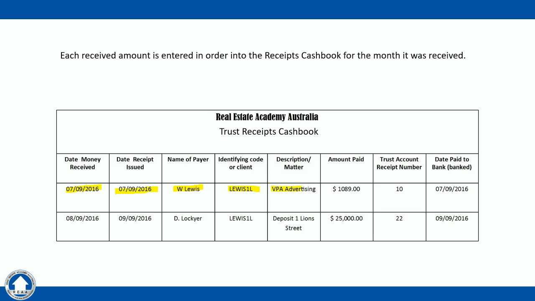So what was the payment for? So in this case, we've got VPA advertising, so vendor paid advertising for an amount of $1,089. Receipt number we used was 10, and we banked it on the same day. So we would do that for every single transaction that we receive for that month. And then at the end of that month, we would calculate the total that we have received.